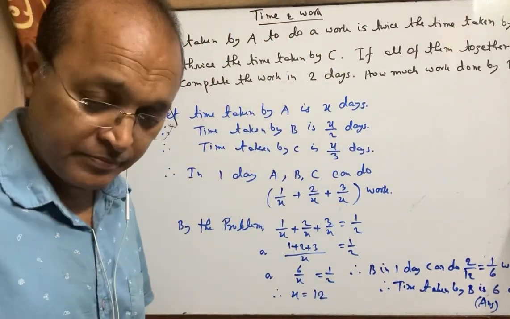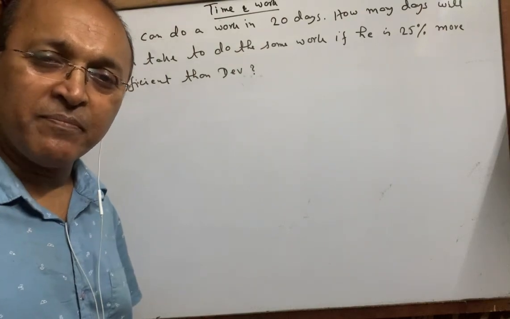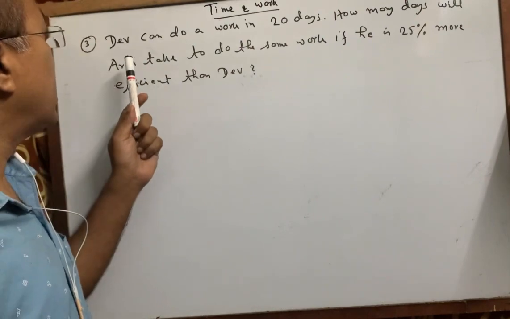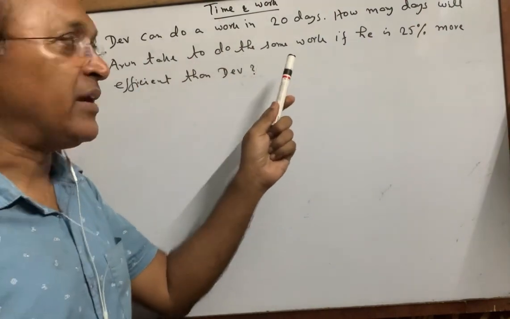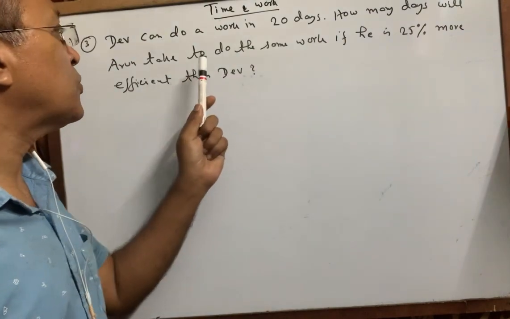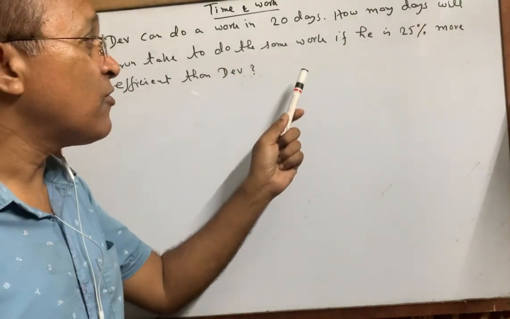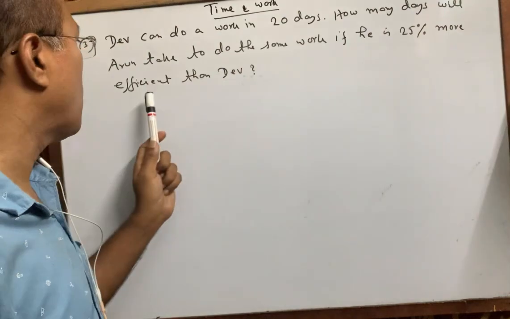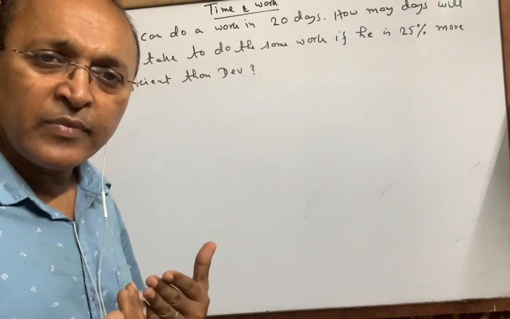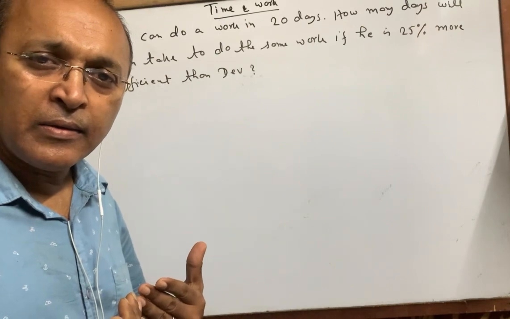Okay. Here is another very interesting problem. Just see what is given. Dev can do a work in 20 days. How many days will Arun take to do the same work if he is 25% more efficient than Dev? What does it mean?